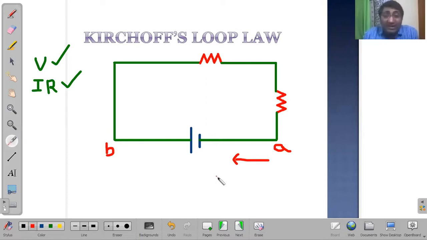So are you increasing your potential or decreasing your potential when you're walking on this path? Everyone, try to answer this. When I am walking from A to B, I observe the battery and I am jumping from a low potential region to a high potential region. So am I increasing my potential or decreasing my potential?